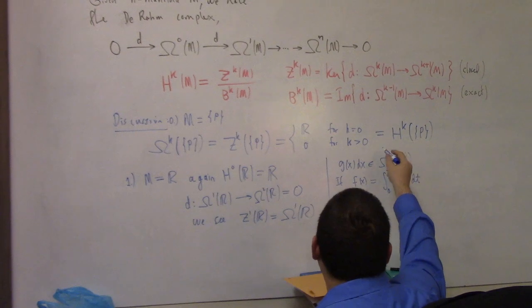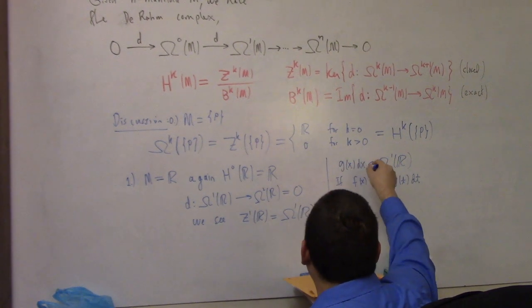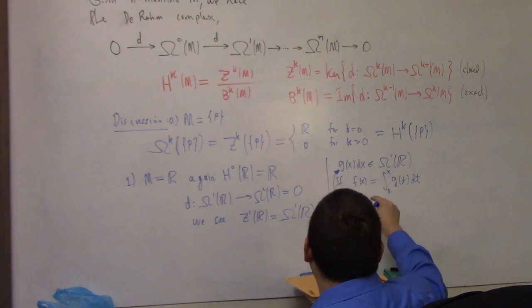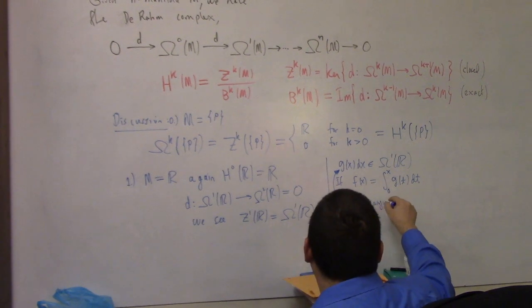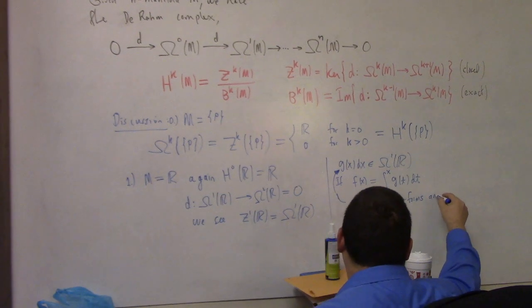I mean, so my question is to you, what kind of one form over the reals is this? It's not exact, it's an arbitrary one form, right? And what did we just show? But it's exact. Right.